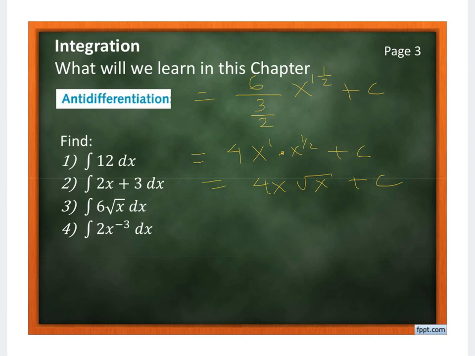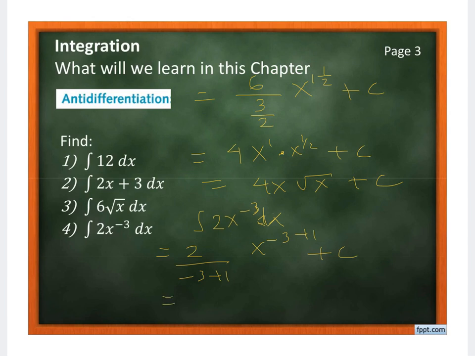For number 4, antiderivative of 2x to the negative 3 power dx equals 2 over negative 3 plus 1, x to the negative 3 plus 1, plus c.